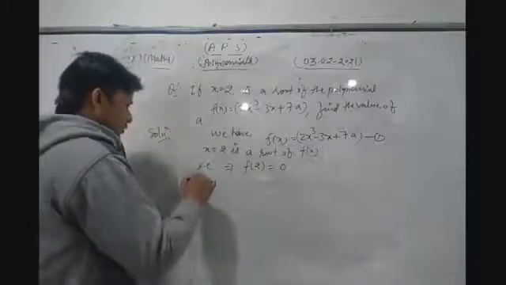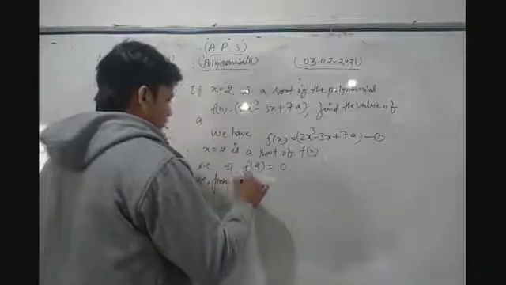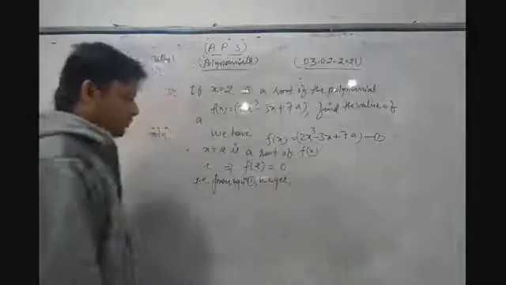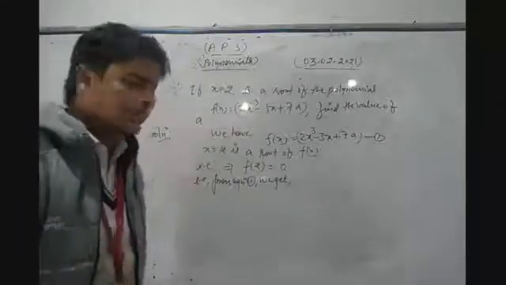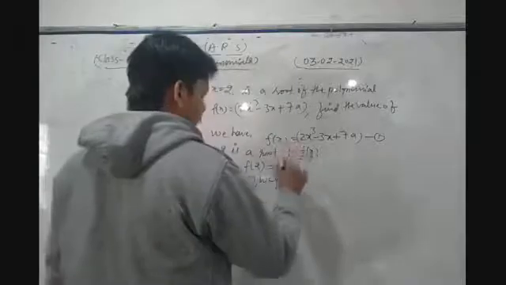That is, from equation 1 we get, let's see, we put x equal to 2 and set it equal to 0.